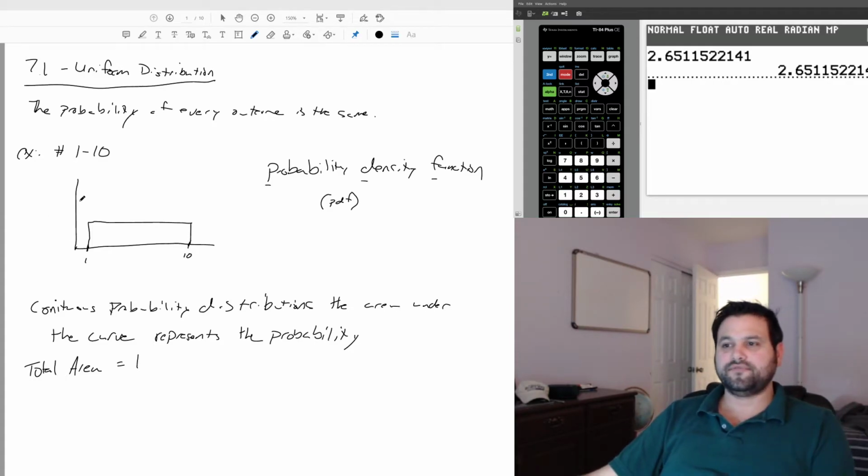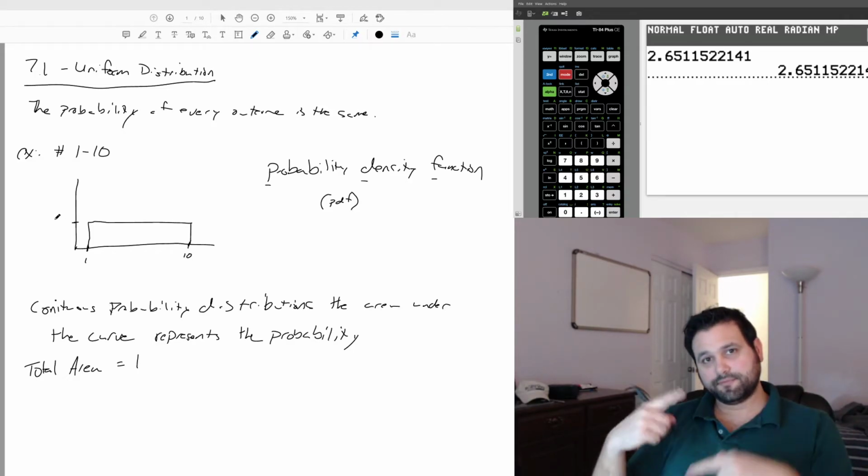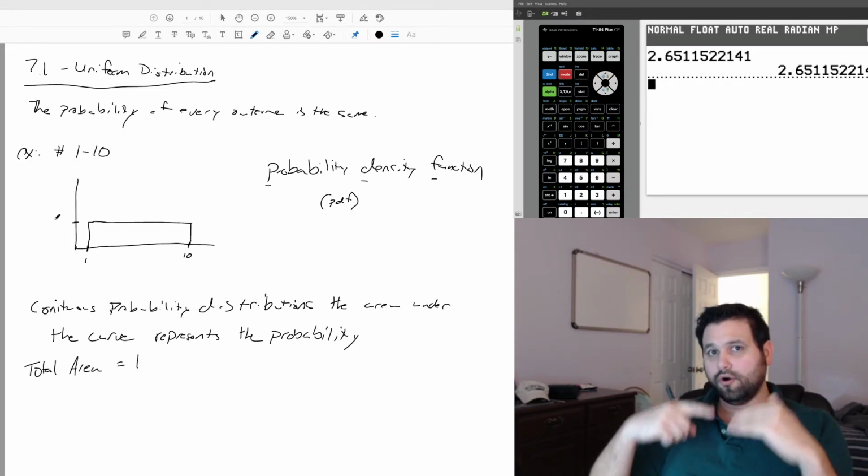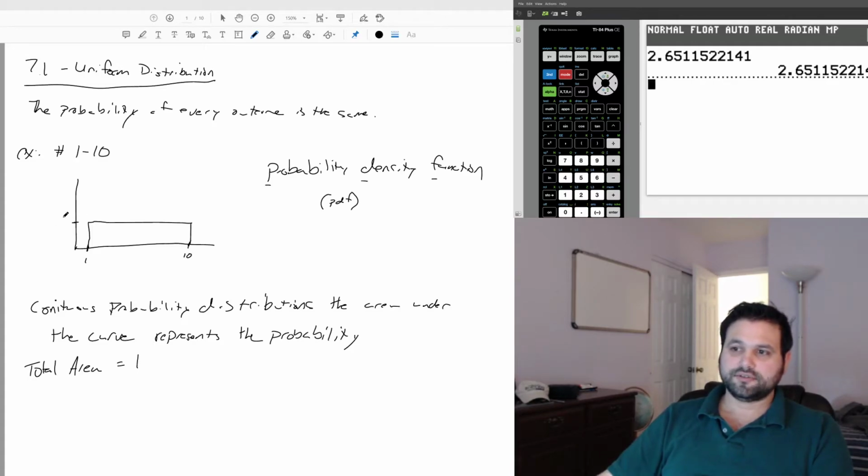We don't know what the height is yet, but we figure that out based off the length and this idea that it equals 1. So because this is a length of 9, the height of this, we're just going to do the reciprocal, 1 over the length. And so this would be 1 over 9.